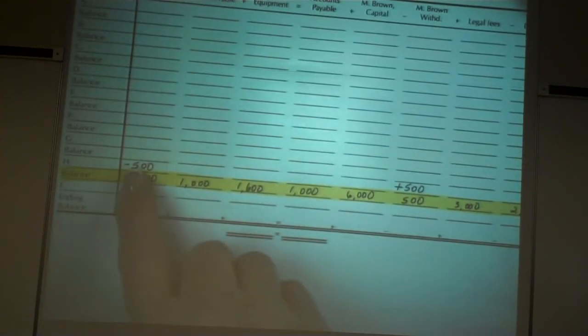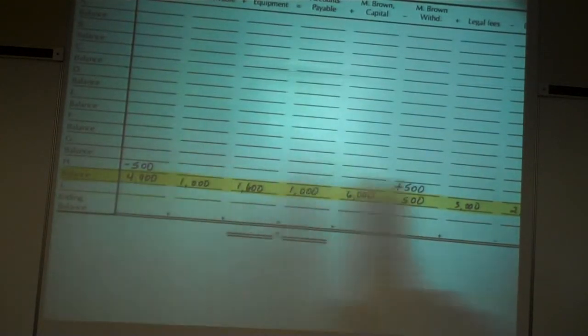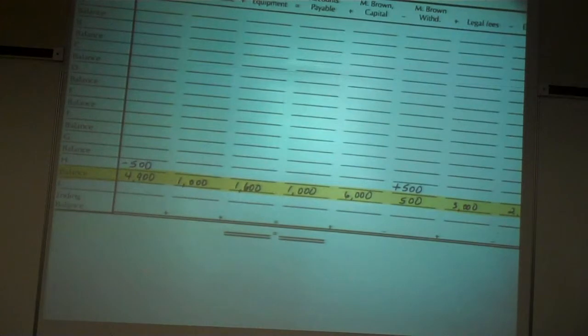That would be the asset, wouldn't it? Here it just said he was taking out cash, but the owner can take out anything from the business. So here's our minus 500 under cash. And then what happened to that withdrawal? It had 0. Now what does it have in it? Plus 500, on the contra capital.